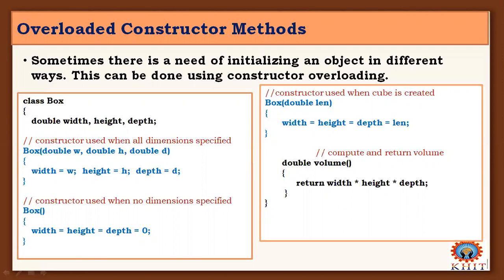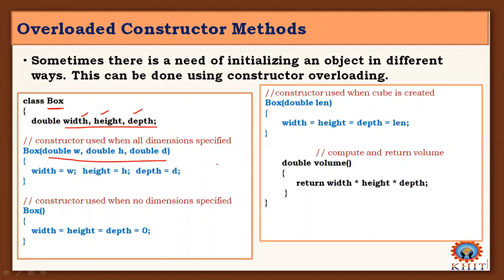Coming to the Box class example, these are the instance variables of a box for getting the data of the box measures: width, height and depth. And here one constructor is defined for three different values of this box.